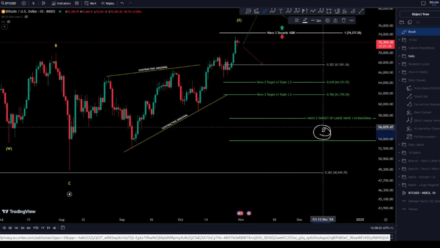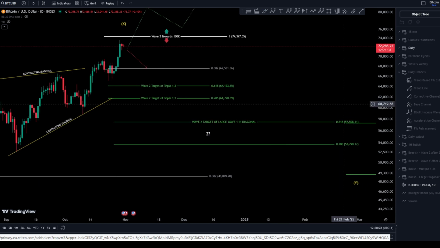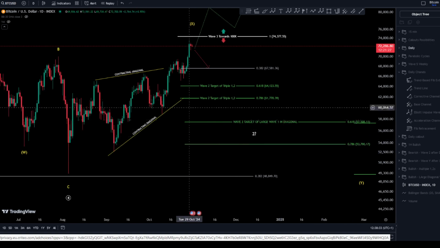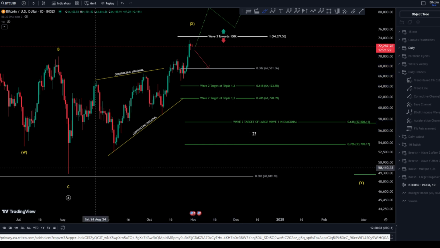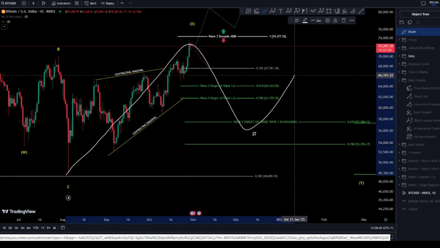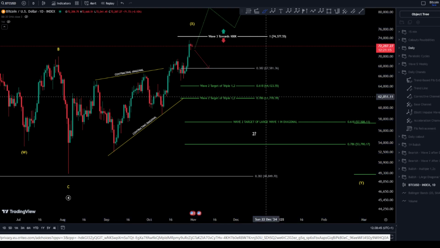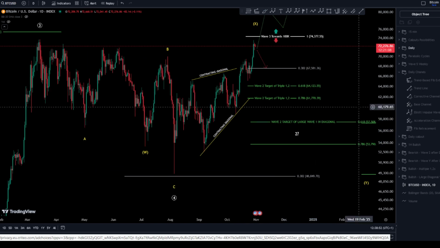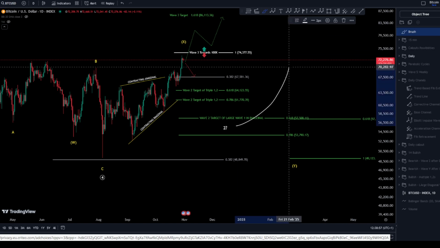And this 1, 2 here might be your wave 2 target between 57,500 and 53,800. So this might be your deepest wave 2 towards the downside after forming a 1, 2 here, and then forming another 1, 2, and then 3, 4, 5 towards the upside. This is your most bearish scenario for now. I mean, not the most bearish one, but the biggest bearish-bullish, I would say, because the bullish is coming after it, right?